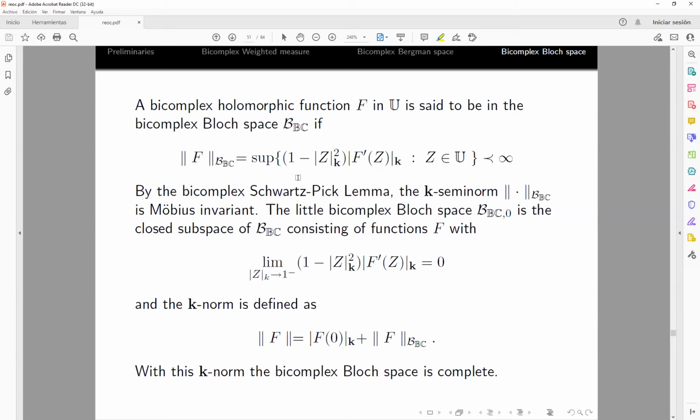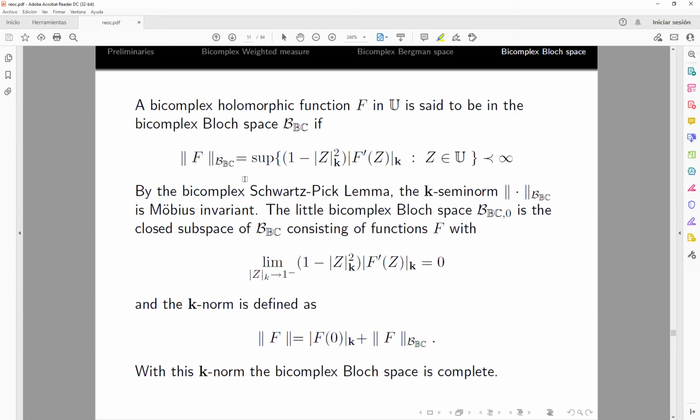In the usual form, it will be the supremum of (1 minus |z|^2) times the derivative of f at z. If this supremum is finite, recall it's necessary to look at each component, then we say that f belongs to the Bloch space.